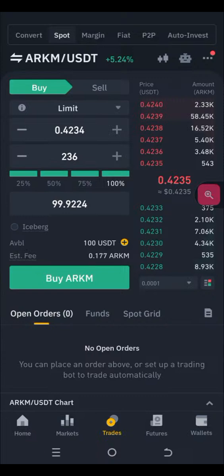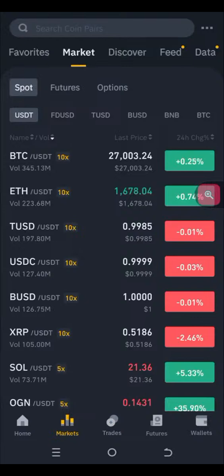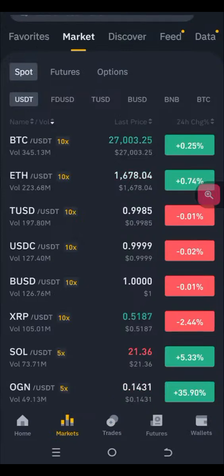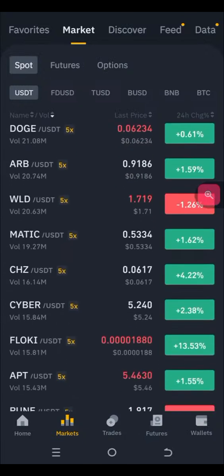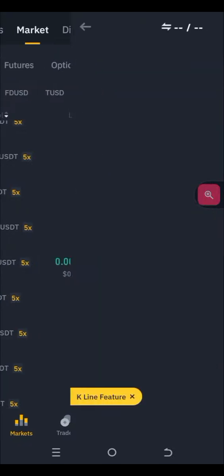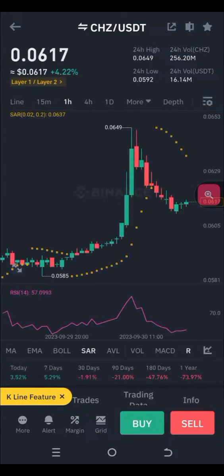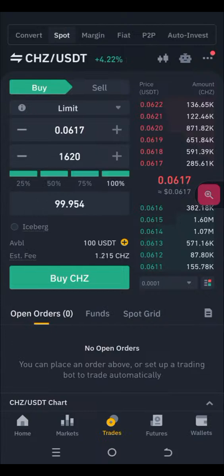So let's look at a smaller price coin. Let me go back to markets and look at another one that's cheaper. Let's look for one that's less than $1, okay, so less than 10 cents. Look at this one. This is CHZ. It's 6 cents. If I get into it and try to buy, and I pick 100%, can you see now I have 1,620 pieces of CHZ.